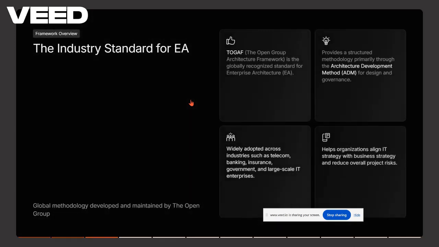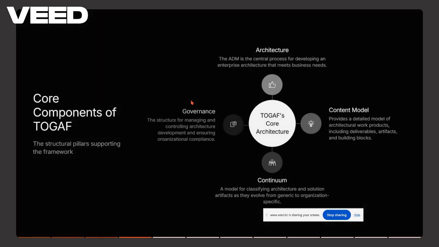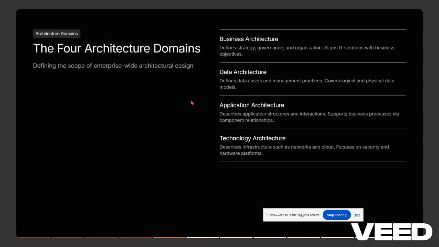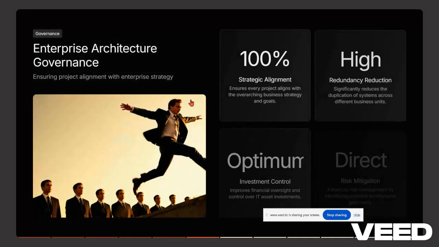You should understand the industry standards, TOGAF and the ADM cycles widely adopted across organizations. As I told you, the core components of TOGAF, like the architecture content model, governance and continuum, have to be followed. And the four architecture domains, which I already explained: business architecture, data architecture, application architecture, and technology architecture, and their importance.